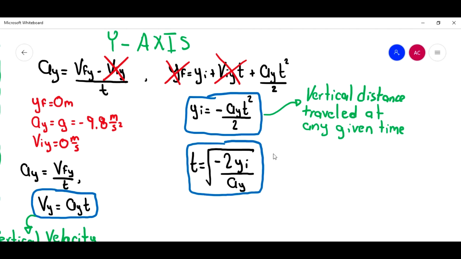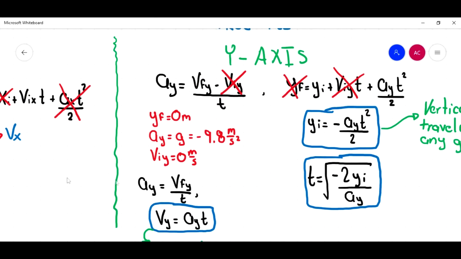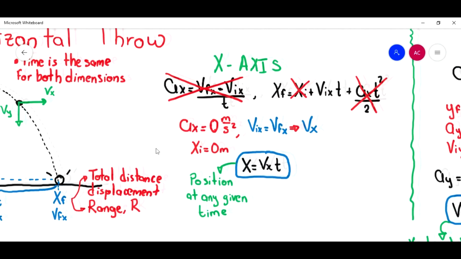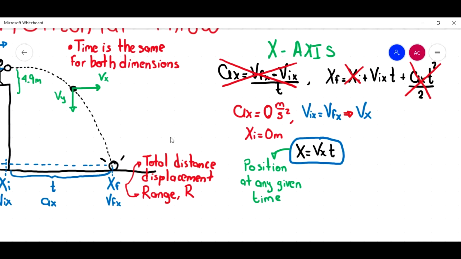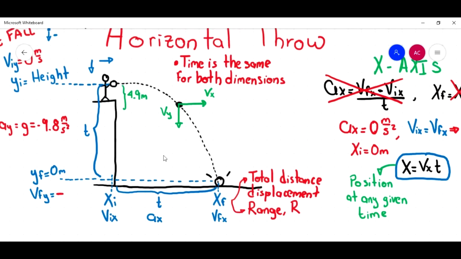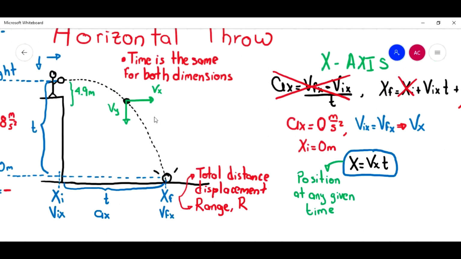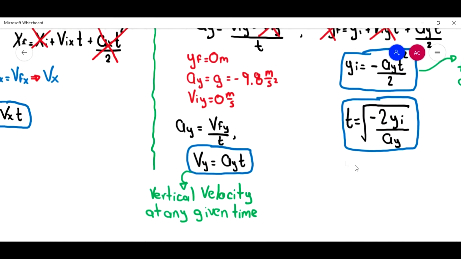With this equation, I'm going to find the time that it takes the object to travel this whole vertical distance. I repeat, this whole vertical distance. What is the time that it took the object to reach the ground? With that equation, I'm going to find it.